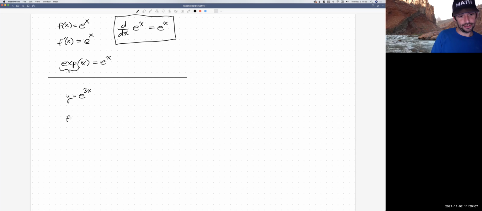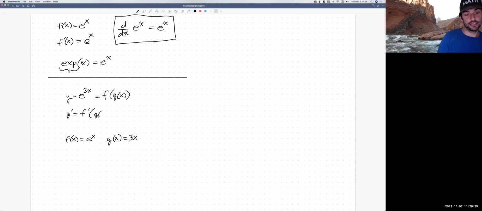If I let f of x equal e to the x, and I have g of x equals 3x, then this y is equal to f of g of x. And then I know by the chain rule that y prime is f prime of g of x times g prime of x. Well, let's compute our derivatives. The derivative of e to the x we now see is just itself.